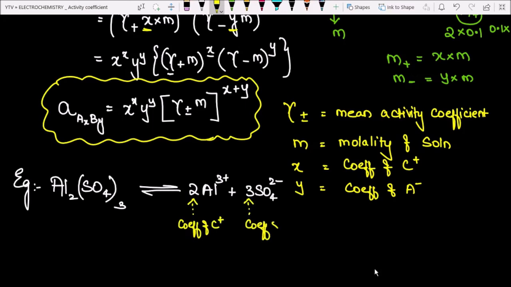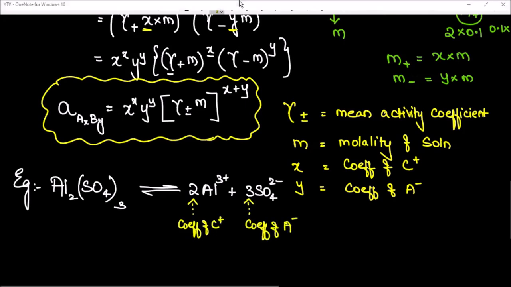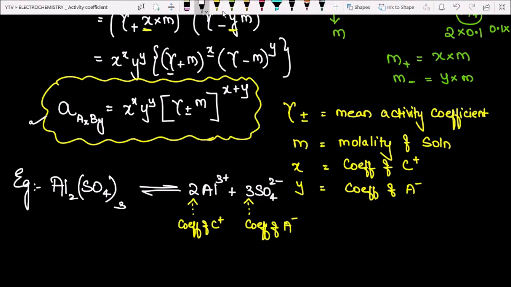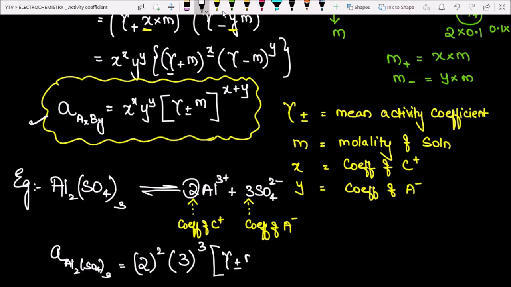This is the coefficient of the anion. So if you substitute it in the first formula, the activity of Al2(SO4)3 is going to be equal to x power x, that is the coefficient of cation power coefficient of cation, similarly the coefficient of anion is 3, so 3 power 3, multiplied by gamma plus minus into m, the whole power 2 plus 3.